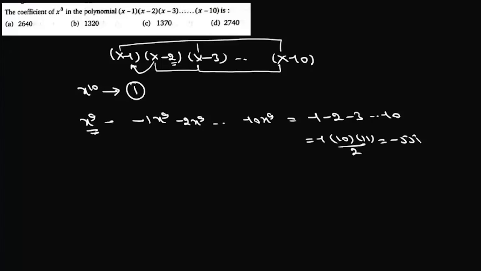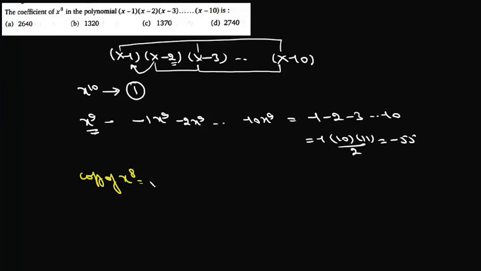Now in this question, they have not asked for x to the power 10 or x to the power 9. What they are asking for is x to the power 8. So we need to find the coefficient of x to the power 8.